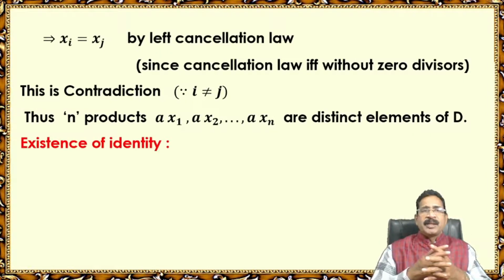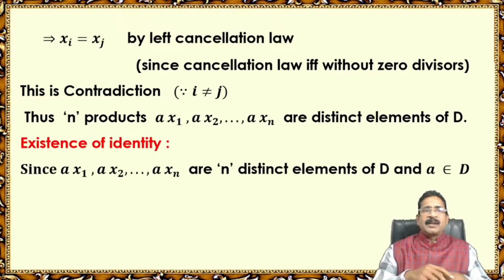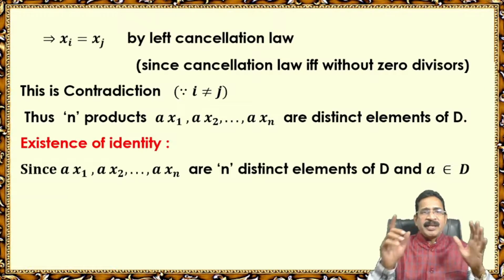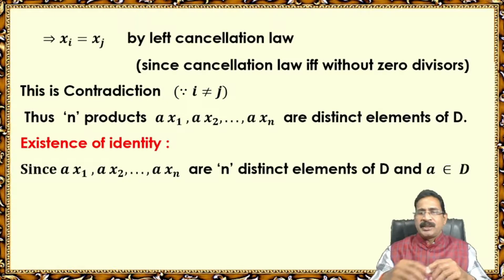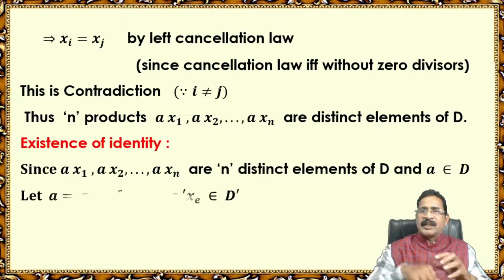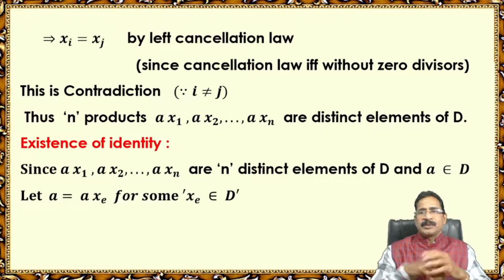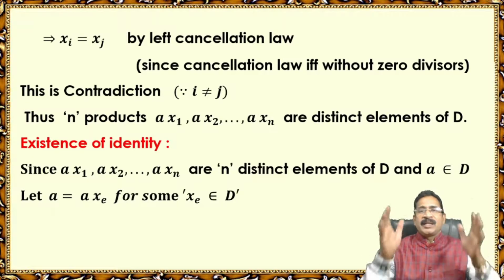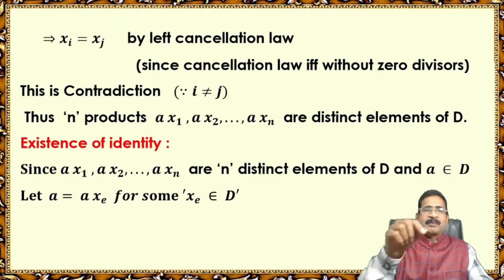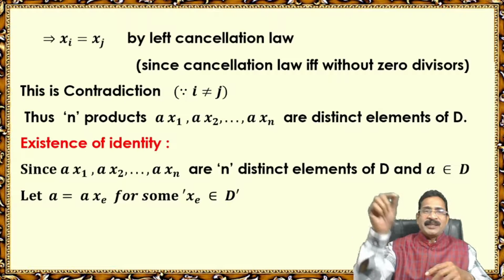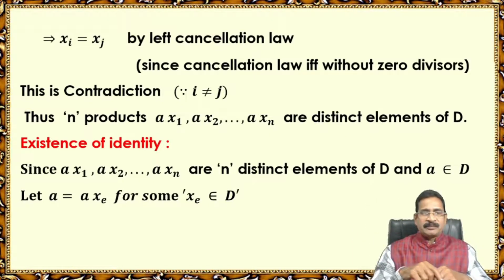Now, we will prove the existence of identity in D. Since Ax1, Ax2 and so on Axn are distinct elements of D and A is also an element of D, A belongs to D, but D contains only n elements. So this A must be equal to one of the n products Ax1, Ax2 and so on Axn.